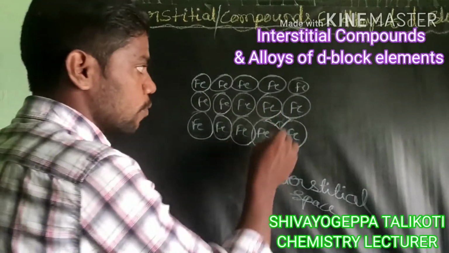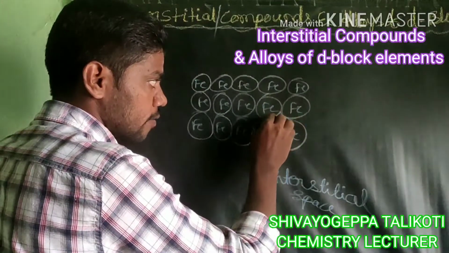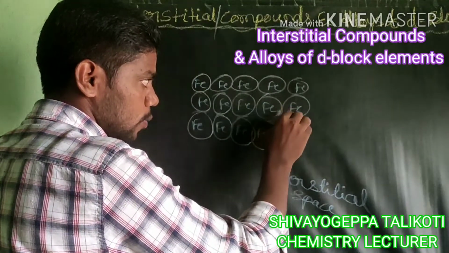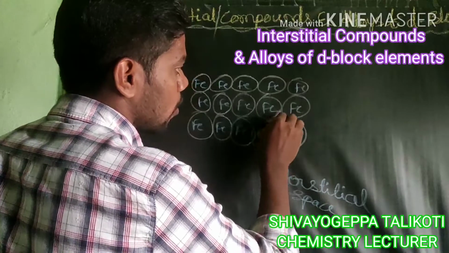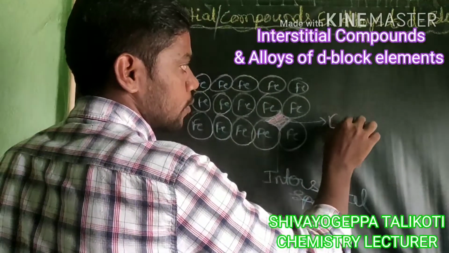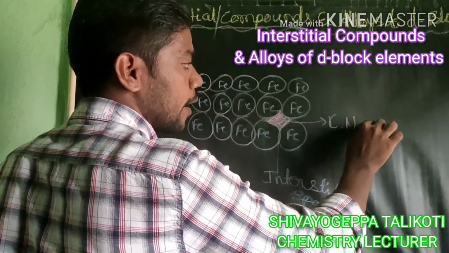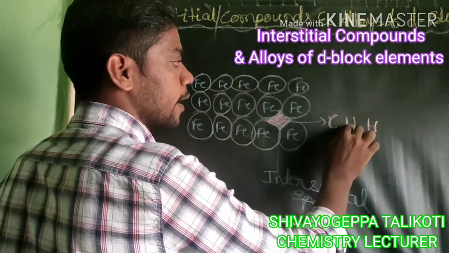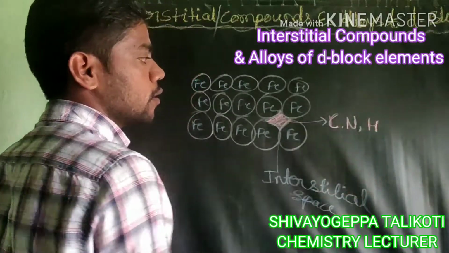This space is occupied by some small atoms like carbon, nitrogen, hydrogen. There are many compounds, but mainly carbon, hydrogen and nitrogen.